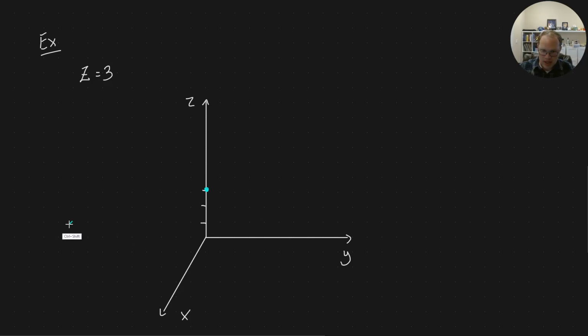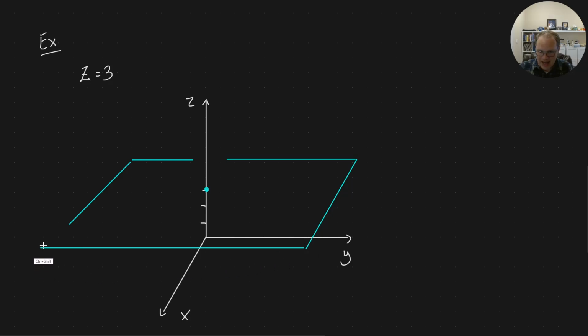So I just end up with an infinite plane at that level where z is equal to 3. Okay, so that gives you an idea of some basic surfaces that are easily described using these cylindrical variables.